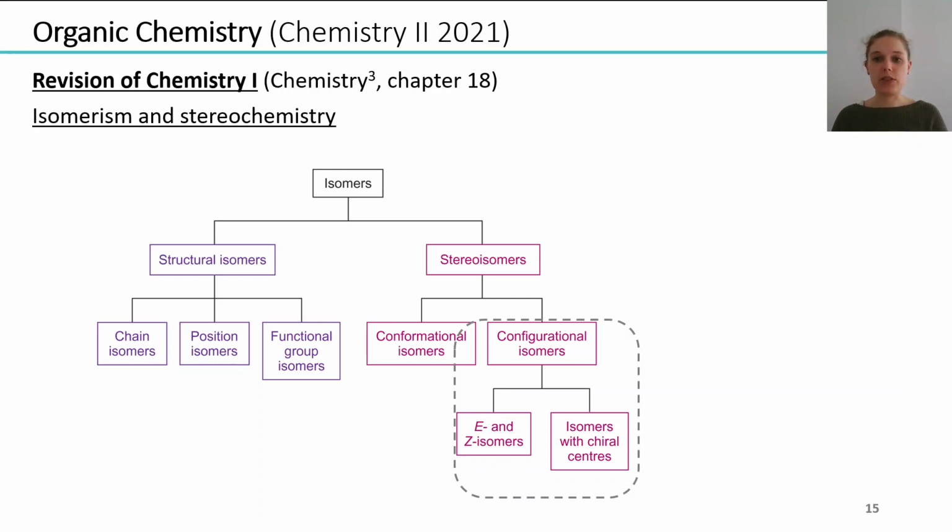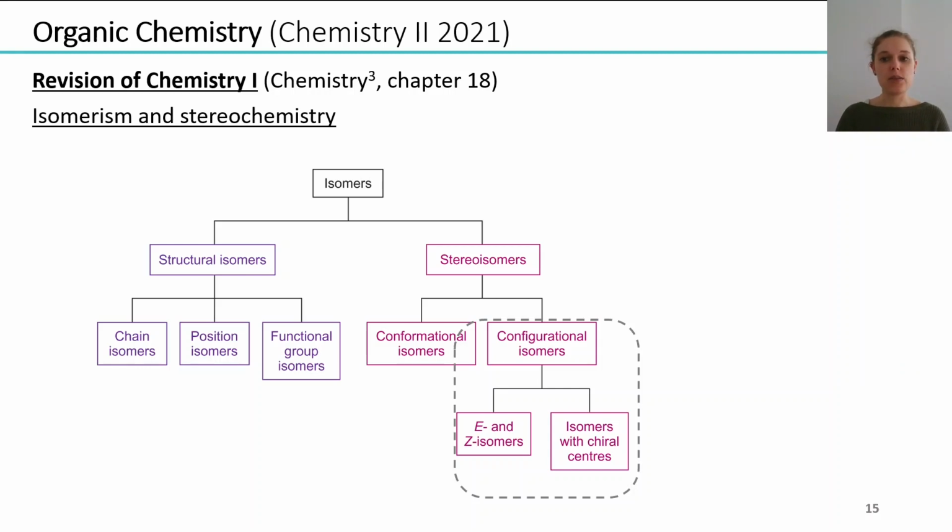but in contrast to conformational isomers, the configurational isomers cannot easily interconvert into each other at room temperature. Configurational isomers mainly occur in disubstituted alkenes, as there is no rotation around the carbon-carbon double bond at room temperature.